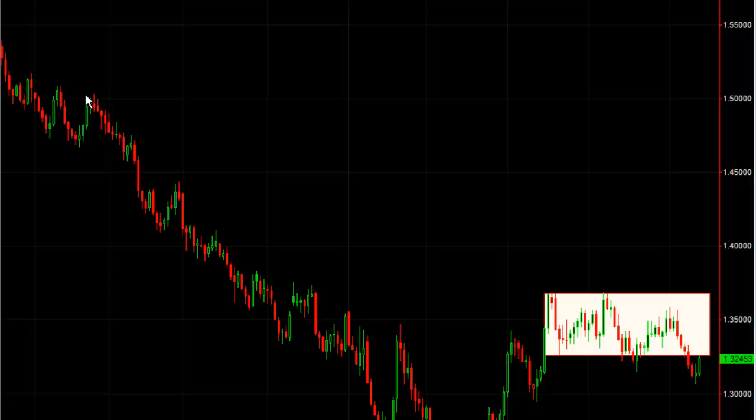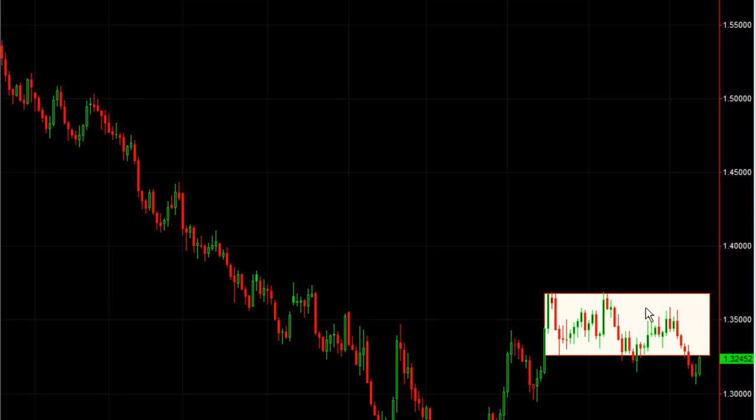On the daily chart, we establish a technical reason for a EurCad short position. The technical reason being that this could be a head and shoulder or a consolidation, a rectangle in a downtrend.